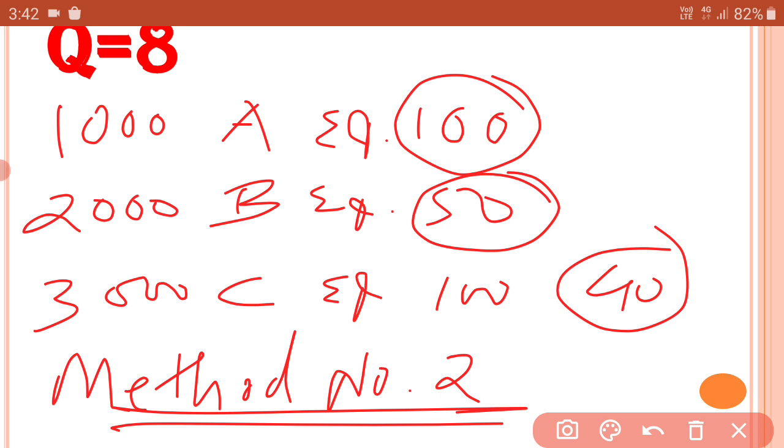But today we calculate our third method. So this question is related to method number 2. I explain this question, and then after we start method number 3, because it's a different question.